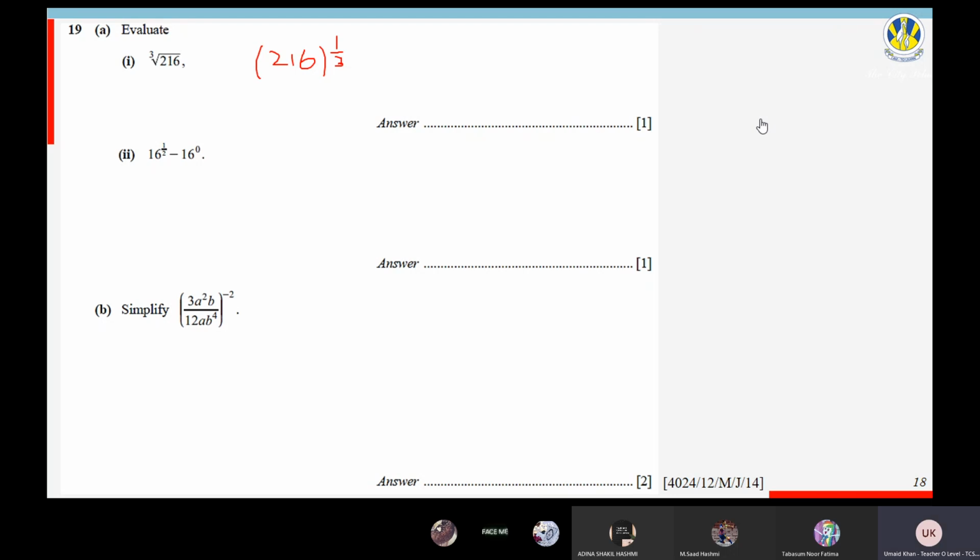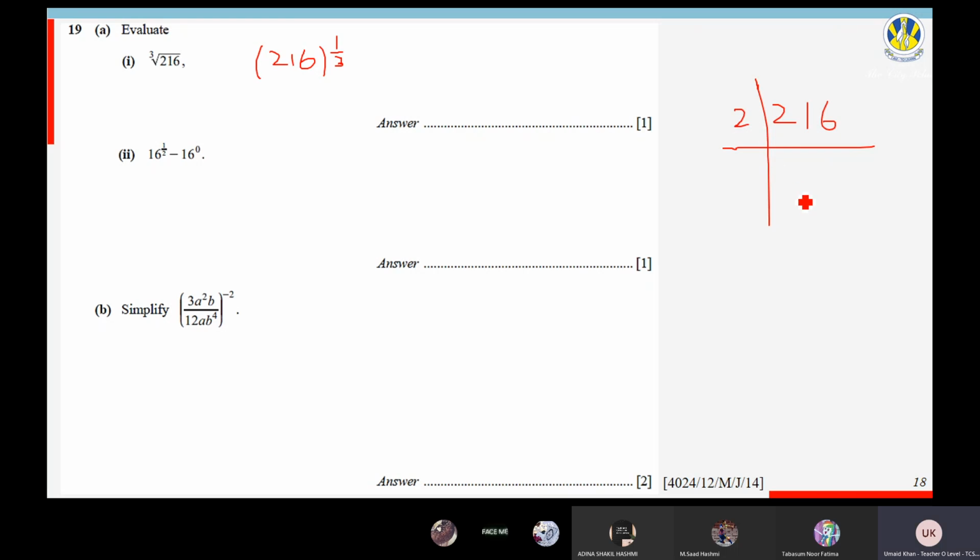I told you when we discussed examples like these in our lesson. So when you have a big number and you are not sure about the cube root or the square root, you prime factorize that number. So you have to find the prime factors of 216 first. You all know that technique, right? How to prime factorize 216.